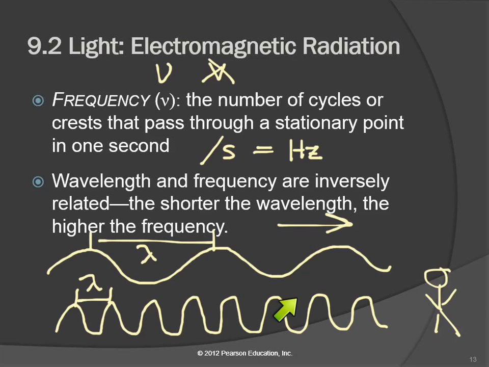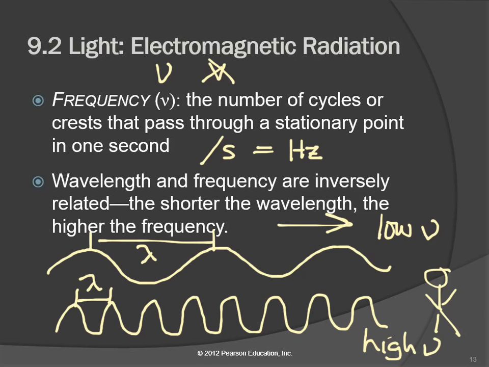That's the frequency. The frequency is high. 1, 2, 3, 4, 5, 6, 7, right? And the top you're going 1, 2, 3. So this one is low frequency, and this one is high frequency.